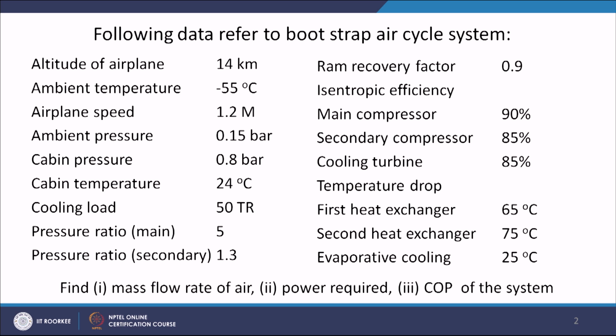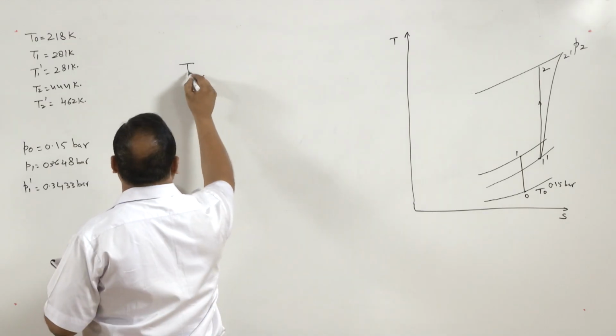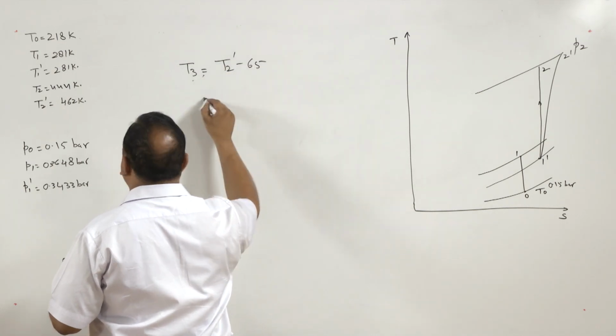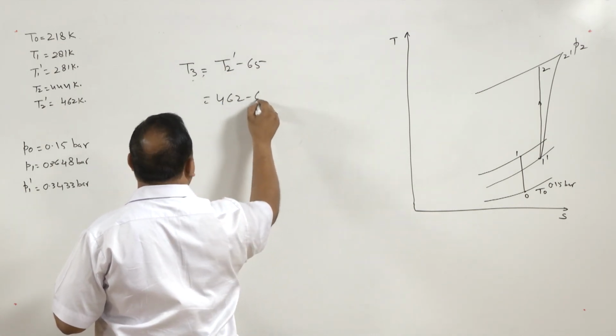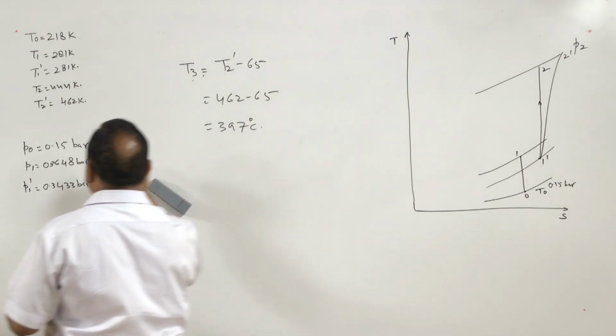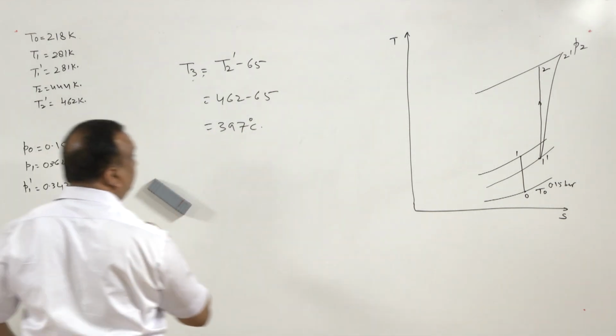After this, the air emerging from the compressor is sent to the heat exchanger, and in the first heat exchanger the temperature drop is 65 degree centigrade. So, T3 is equal to T2 dash minus 65, or 462 minus 65, or 397. So, state 3 will come somewhere here.